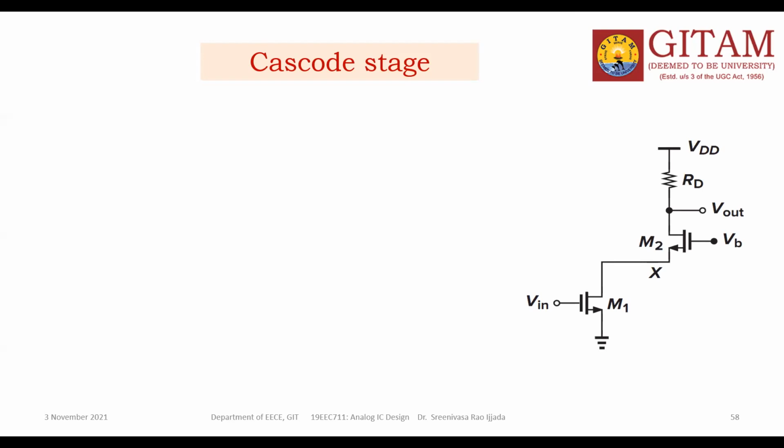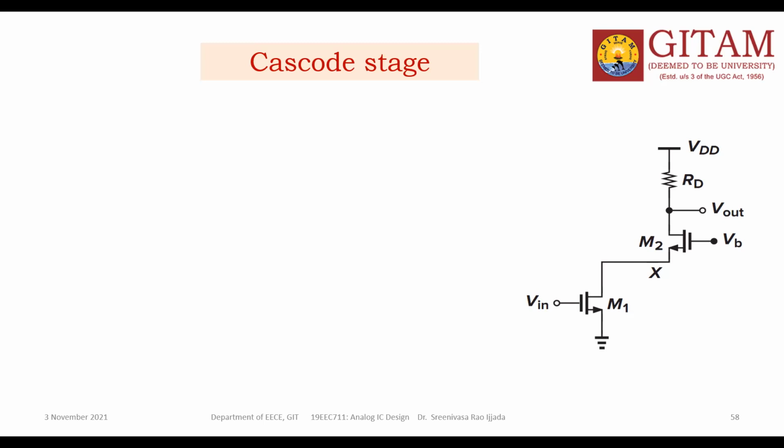What is the difference between cascade and cascode? Cascade means one stage's output is connected to the input of the next stage; the stages may be in parallel. Cascode means one upon another, one device sits on the head of another device. That is called the cascode. I hope you understand. You did the same thing in the earlier course also.